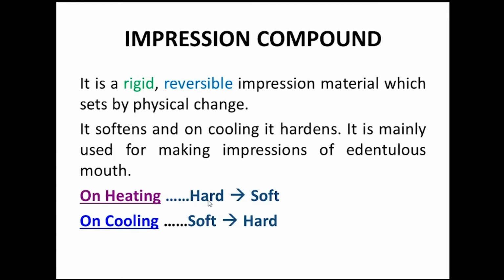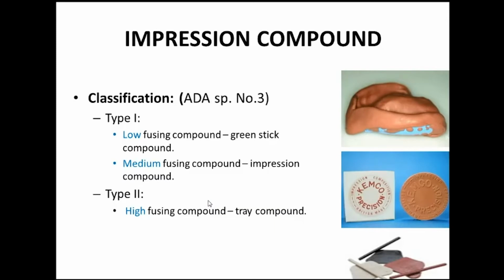But originally it is rigid, not a soft material. The change usually occurs by physical change, not chemical. The main use of this type of impression is the primary impression for a completely edentulous mouth.